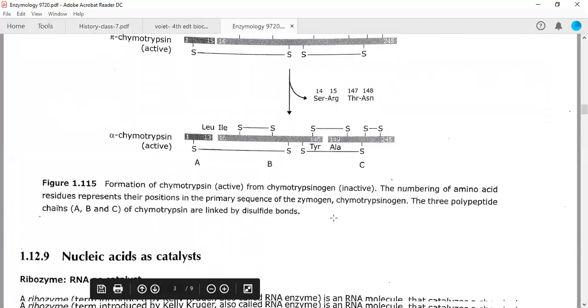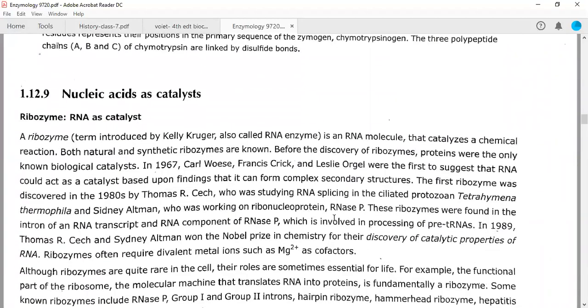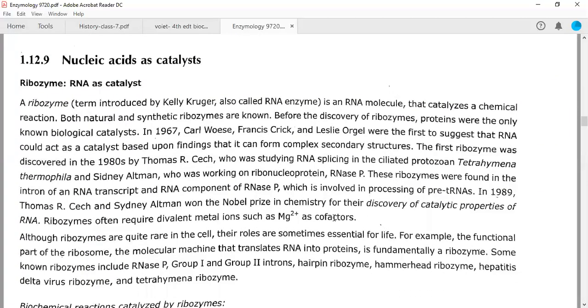Now, what we are going to discuss in today's class are three more important things. One is called ribozyme, and one is DNA enzymes, which, because DNA has deoxyribose sugar, are called deoxyribozymes. And the third is, if antibodies work like enzymes, then these are called abzymes.